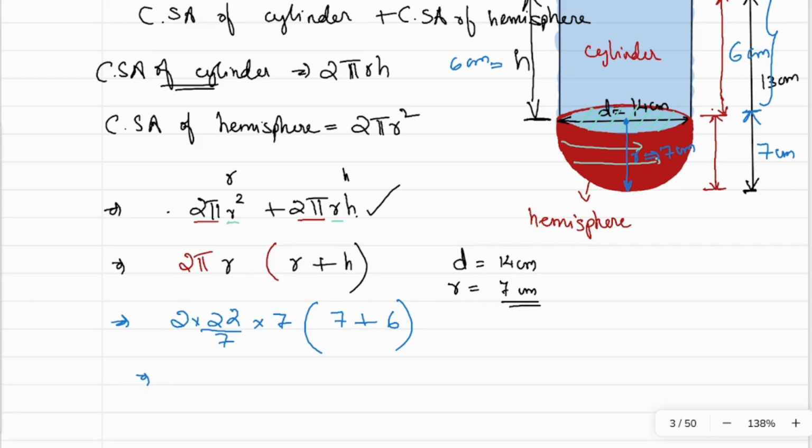Now, 22, this one and this one I can cancel, which is equal to 44 into, what is 6 plus 7? 13. 44 into 13 is 572 centimeters square. Right. This is the value. In this way, we need to find this question.